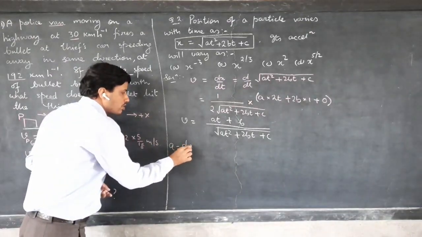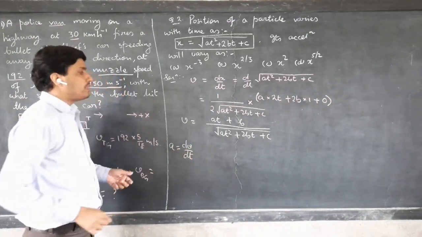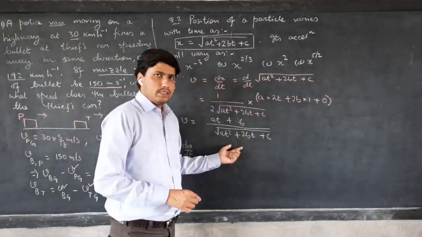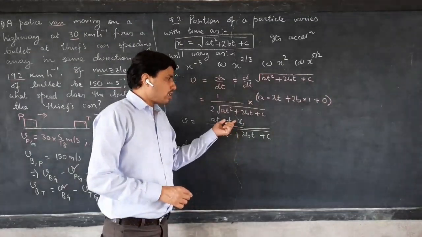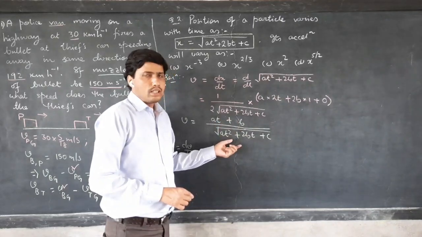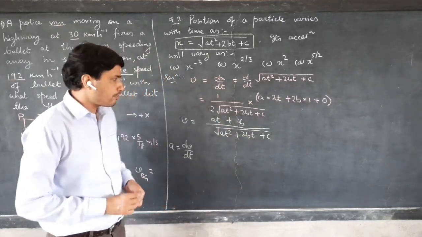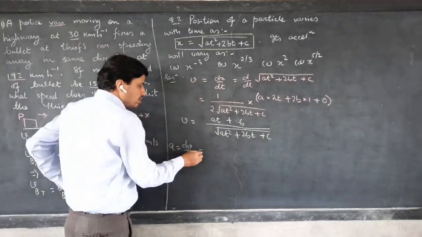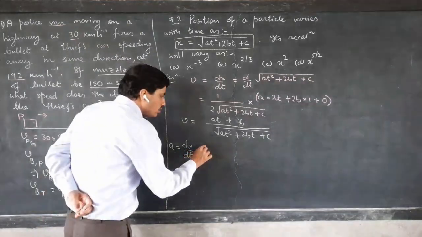Acceleration, we know students, it is dv by dt. Now here this is of the form u by v. So denominator into derivative of numerator minus numerator into derivative of denominator and divided by denominator square. As I told, it will be a bit mathematical, so no problem. Let's try slowly.